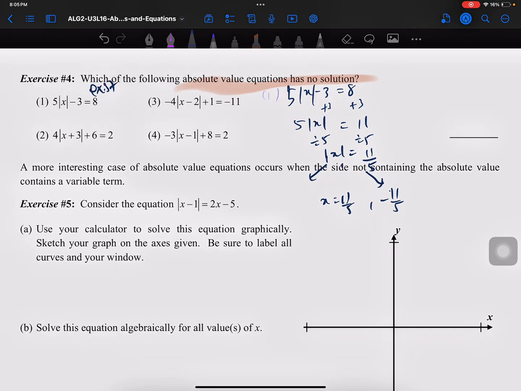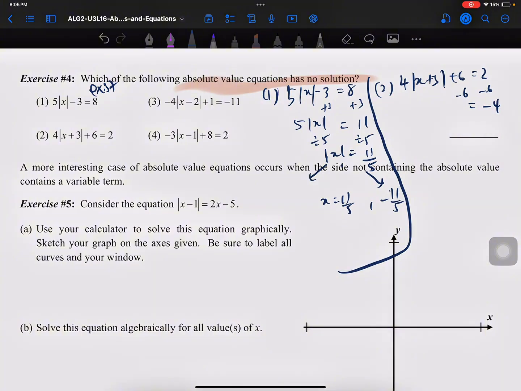So this is 1. If I have 2, number 2 says that 4x plus 3 plus 6 equal 2. So we will minus 6 both sides, it gives minus 4 here. It is 4x plus 3, and then we divide 4 both sides. So it gives me negative 1, x plus 3.